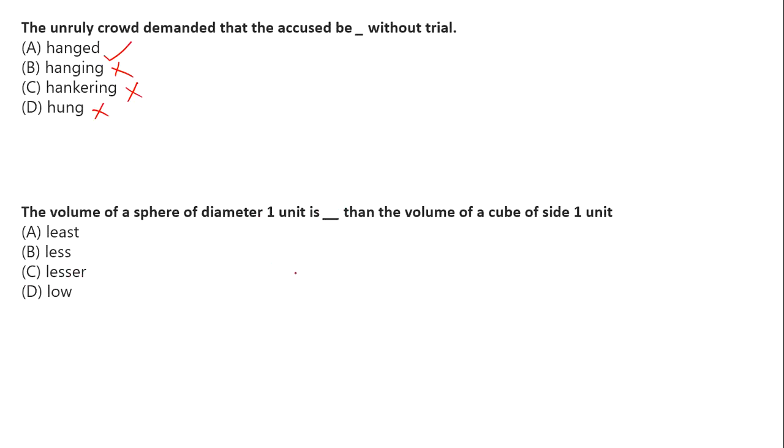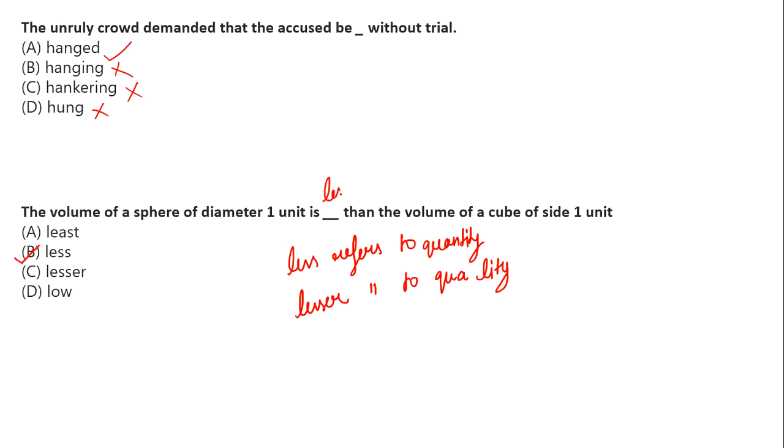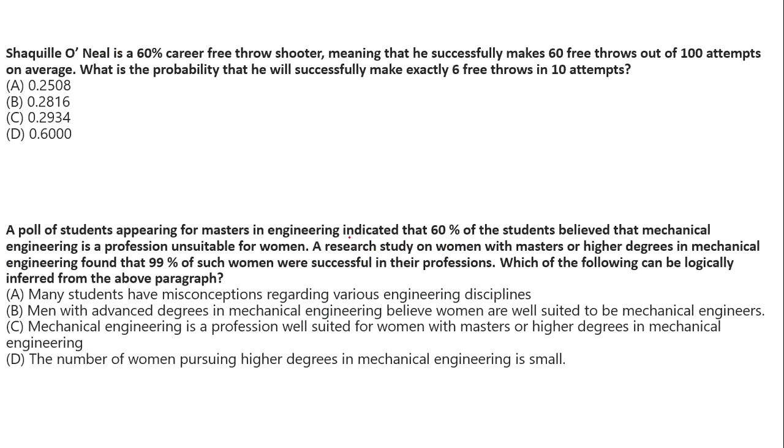But always remember, less refers to quantity, and lesser refers to quality, right? So here we are talking about quantity, not quality. So the correct answer here is going to be less, right? So the right answer is that the volume of the sphere of diameter 1 unit is less than the volume of the cube. I hope you understood.